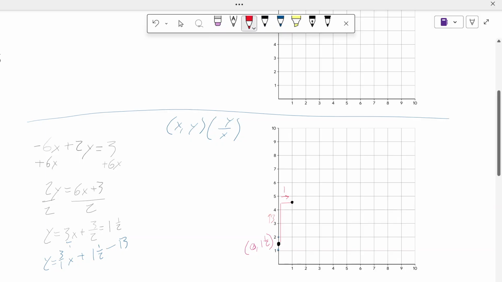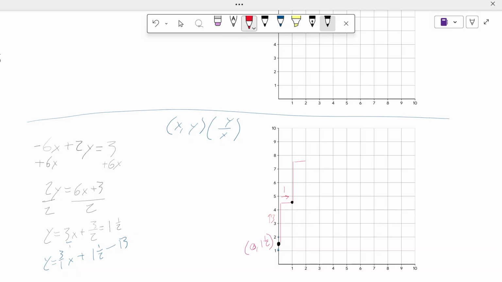So we went up 3. And the reason we went up is because our x right here is positive. So if we follow this trend, we have to go up another 3. So 4 1/2 turns into 7 1/2.